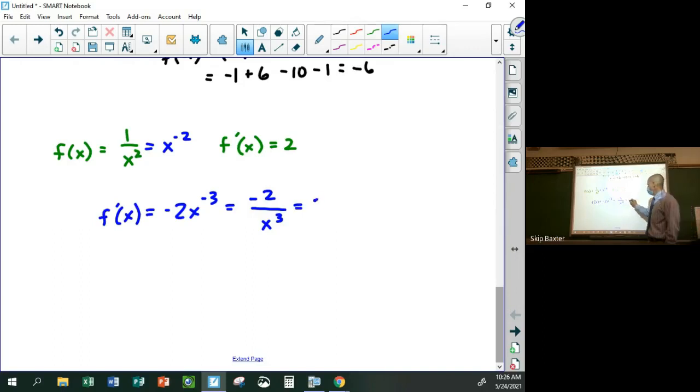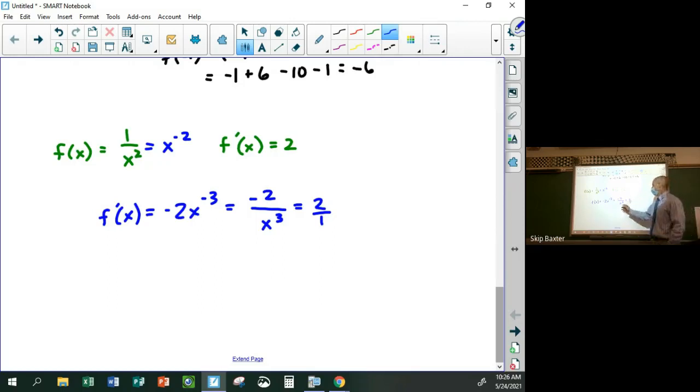Set that equal to 2, and then solve for x. How do you solve this equation for x? It's like algebra 1. How do you solve a proportion? This is a proportion, right?